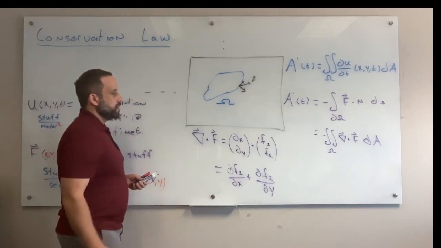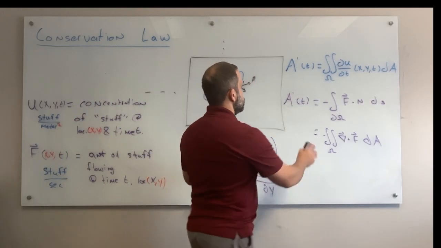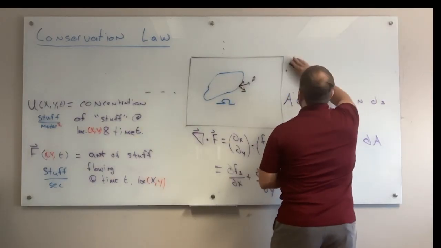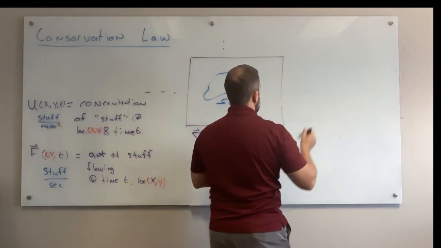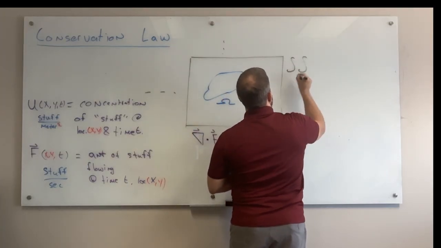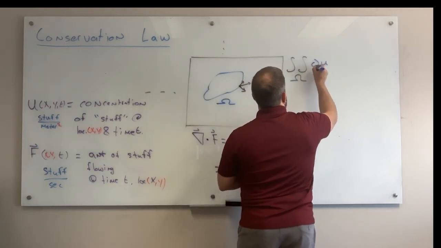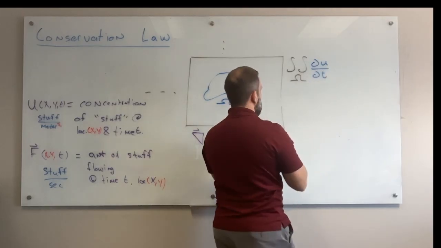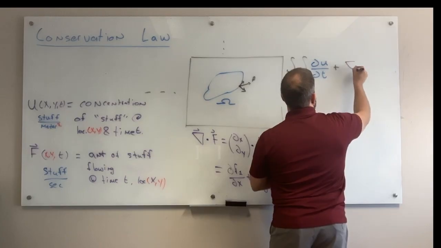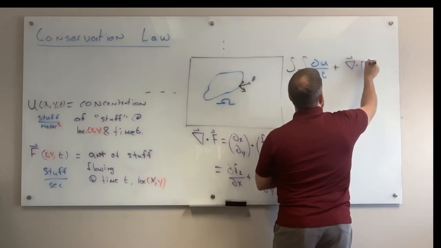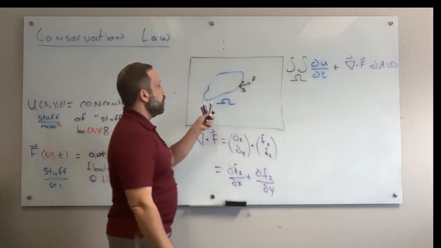Okay, so now we can do something very similar to what we had before. These two integrals are equal to each other, and if we add them together and move things around, we get the following. The integral over omega of the partial derivative of u with respect to time plus the divergence of the flux dA is equal to 0 for all smooth regions omega.